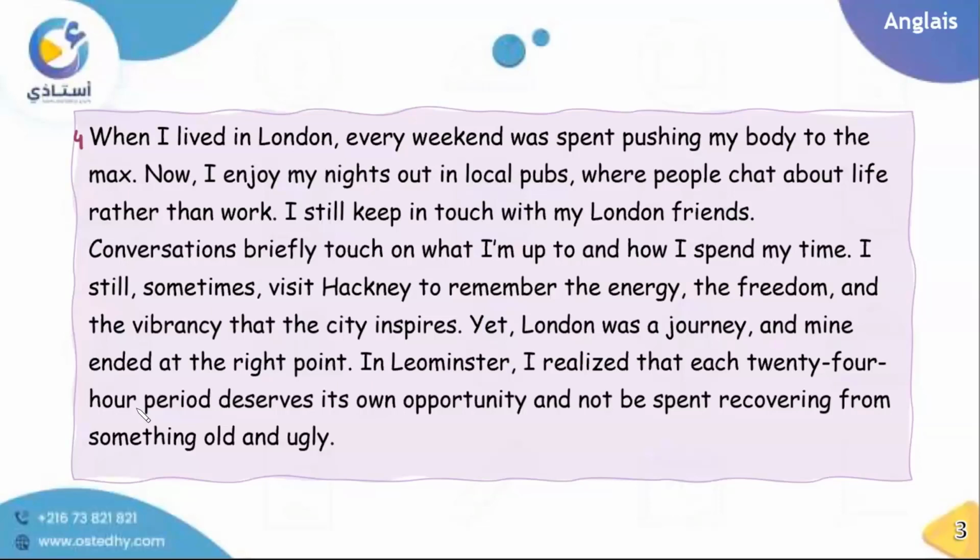So what's a sentence here that shows that Jane doesn't want to go back to London and isn't thinking about it even? Okay, if you look here, Jane said that, yet London was a journey and mine ended at the right point. So she's not intending to go back to London. She doesn't want to. Okay? And this is the statement or the detail from the text.